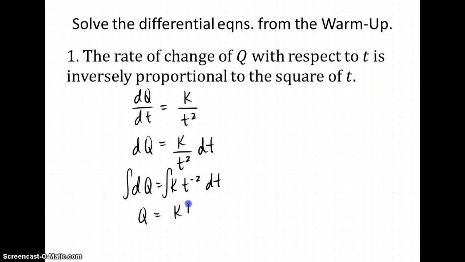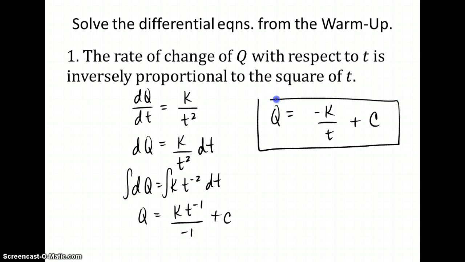Q equals k t to the negative 1 all over negative 1. And then given some initial condition, we would be able to solve for C if need be.